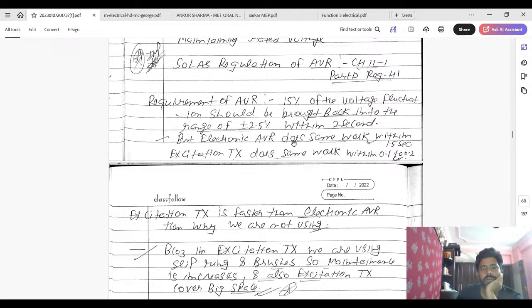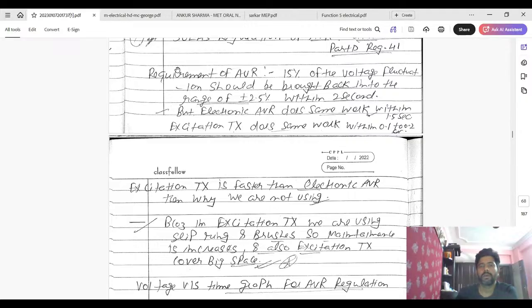The requirement of AVR: a 15% voltage fluctuation should be brought back into the range of plus minus 2.5% within 2 seconds, but an electronic AVR does the same work within 1.5 seconds. The excitation transformer does the same work within 0.1 to 0.2 seconds.